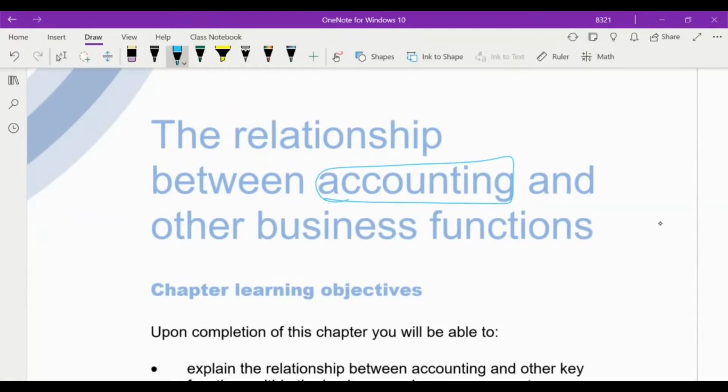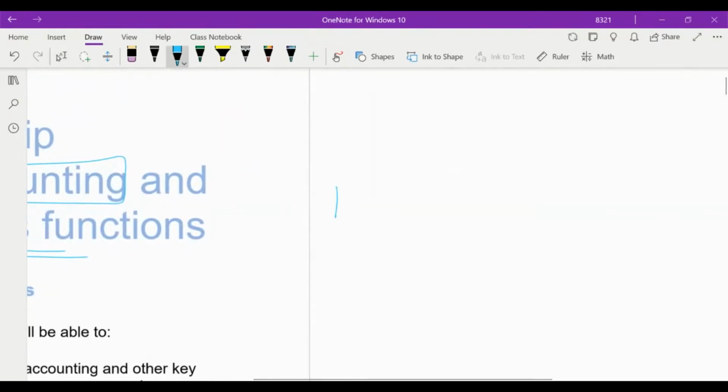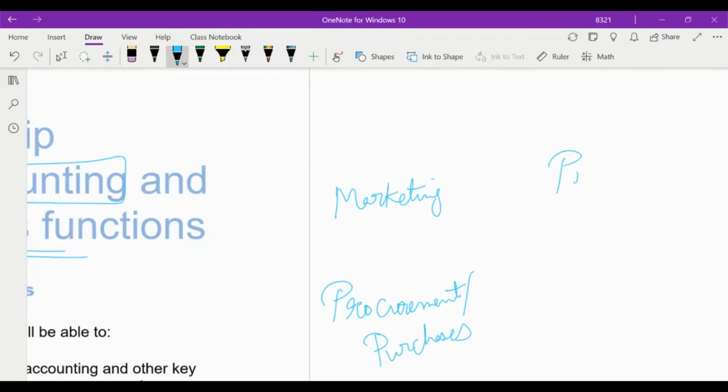So as you know, business consists of several functions, like you have production, you have purchases, you have services, you have marketing. So if there's marketing, which is a function of business, procurement or purchase, you have, let's say, production as well. And then you have your finance and account, or I should say accounting.